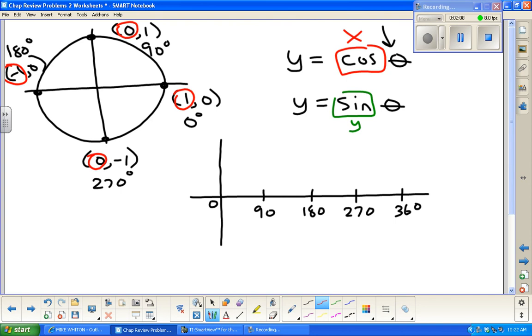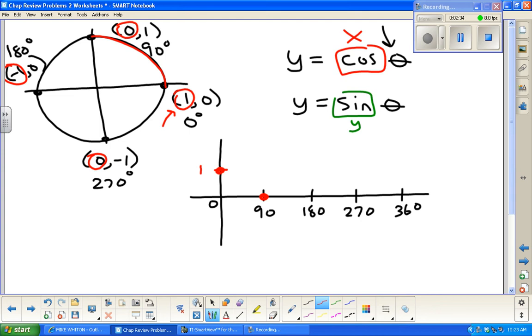So if we plot these as we go around here, the cosine of 0, we're going to start up at 1. That's the y value. And then as you work your way around the circle, think about what's happening to the x coordinates. They're getting smaller and smaller. They're going down to 0. So by the time you get to 90 degrees, the x value there was 0, so the cosine of that is 0.